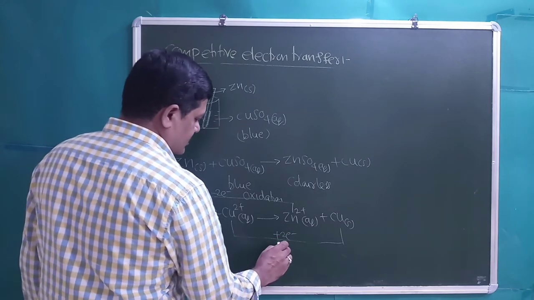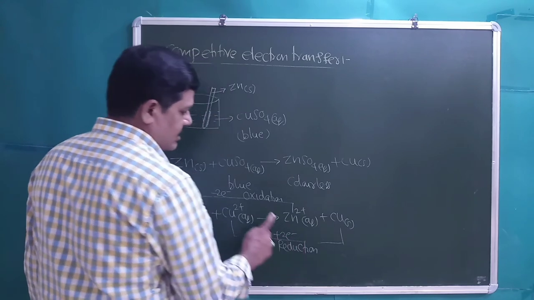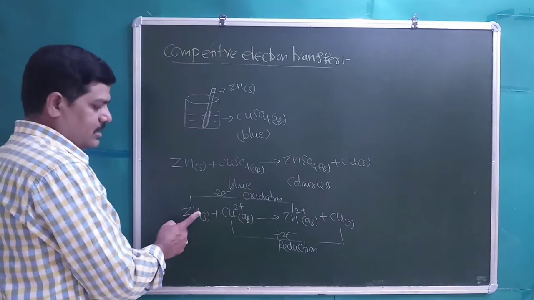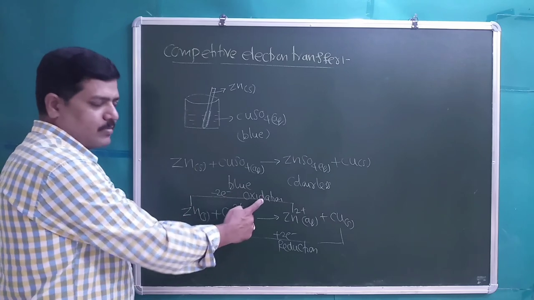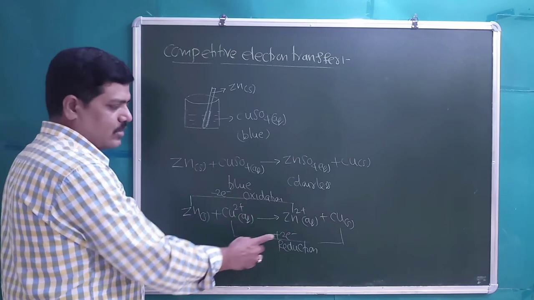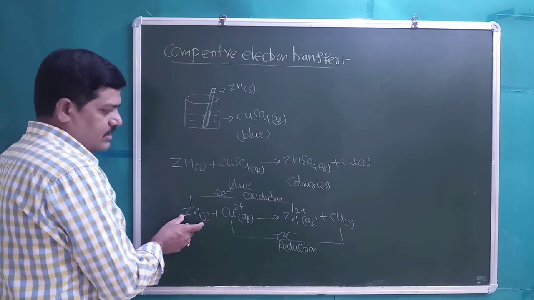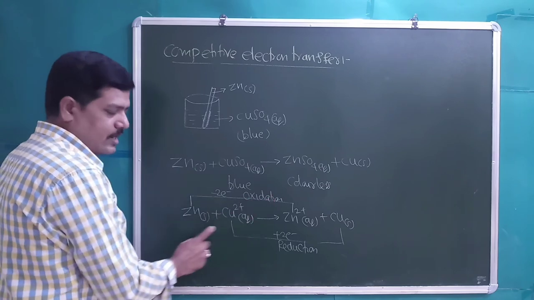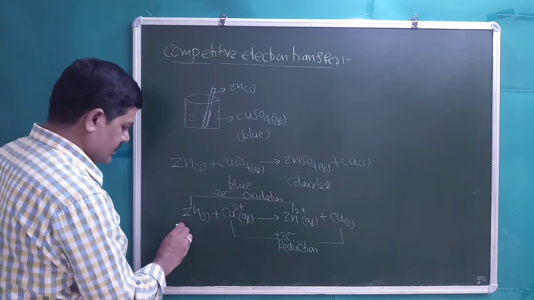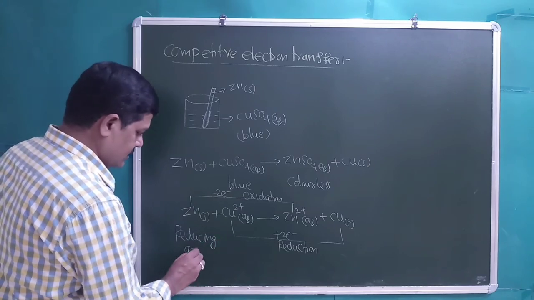Gain of electrons is called reduction. Loss of electrons is called oxidation. Zinc is undergoing oxidation. Meanwhile, Cu2+ is undergoing reduction by taking the 2 electrons. The reactant which itself undergoes oxidation and reduces the other is called the reducing agent.